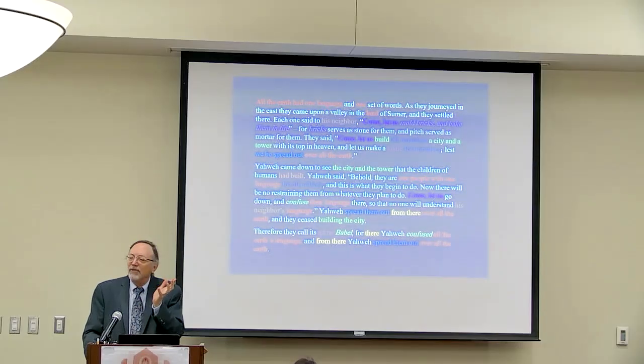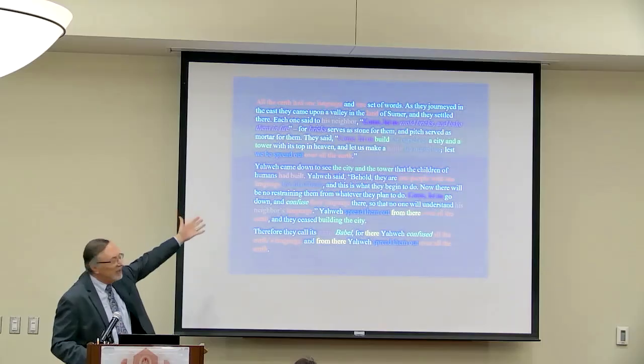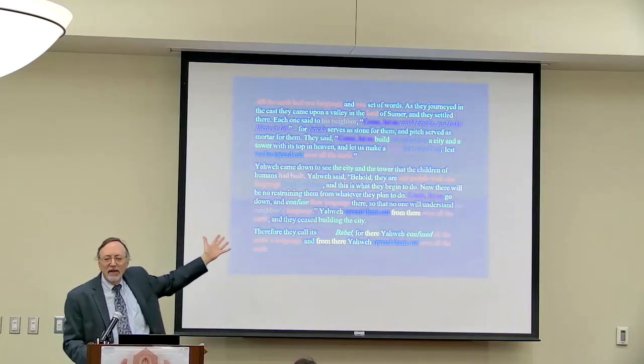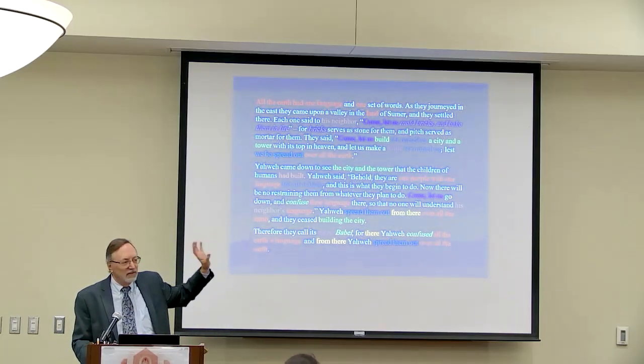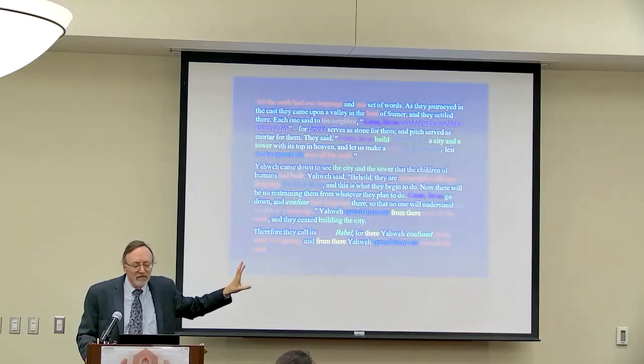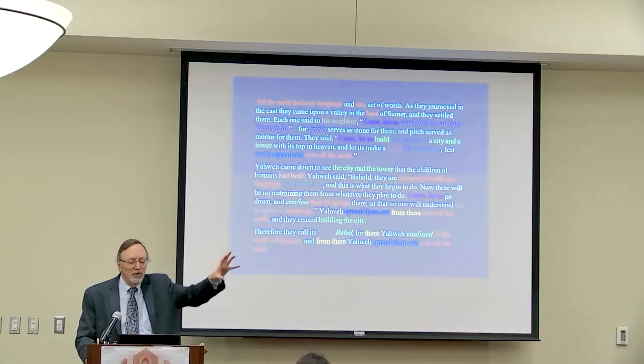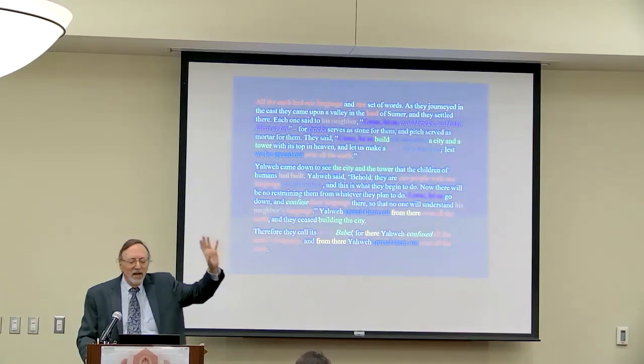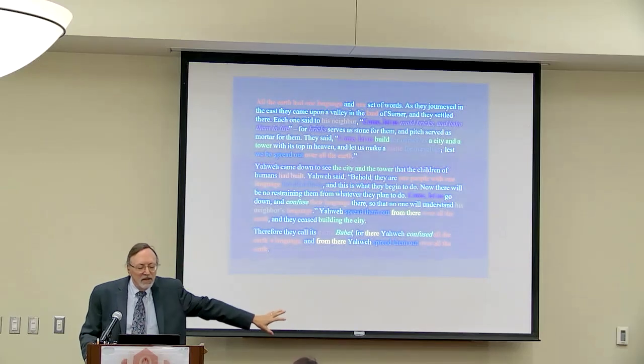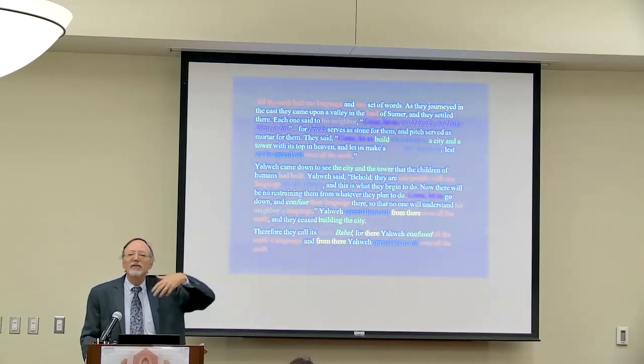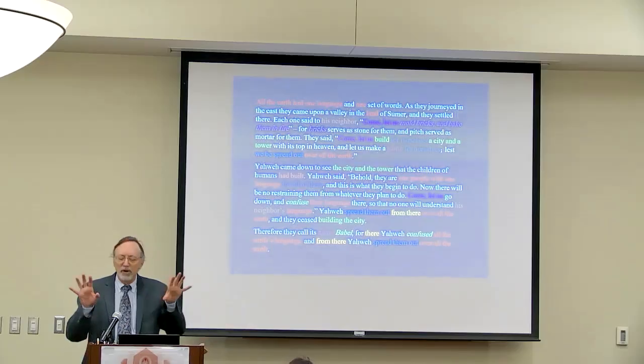Now, of course, the way the story turns out, in the second part of the story, Yahweh comes down and sees what they're doing and decides to do something about it. Because he says, behold, there are one people with one language, blah, blah, blah. Now I'm going to let us go down and confuse their language, and so no one can understand each other, so they won't be a problem anymore.